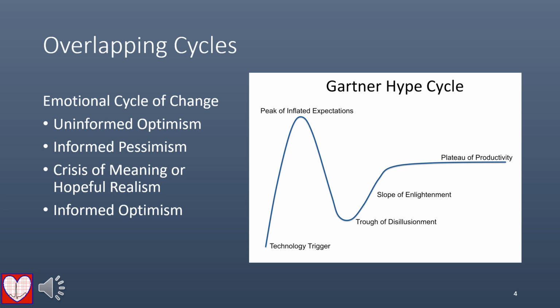For example, this is very similar to the four stages of situational leadership in organizational management. There you would find the first phase is directing, second is coaching, third is supporting, and fourth is delegating. And that plays out very nicely in the hype cycle.